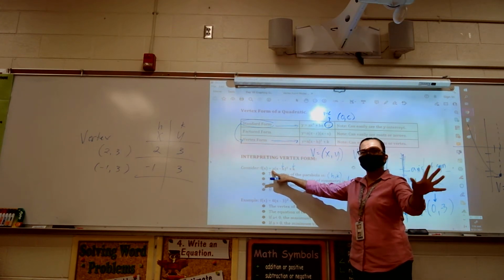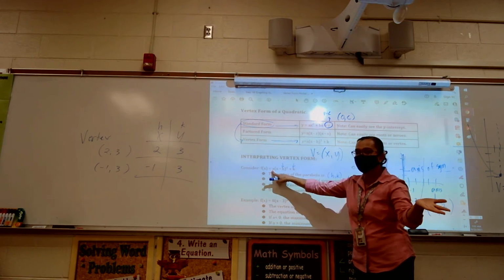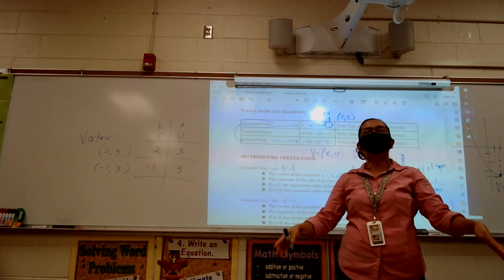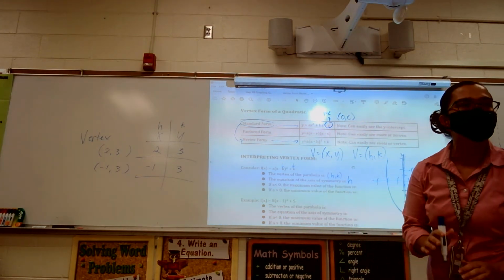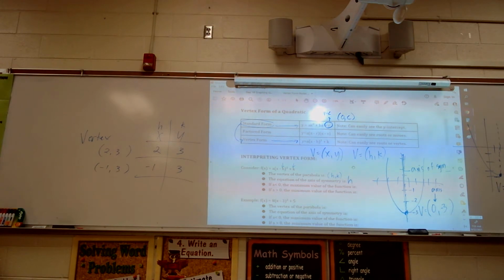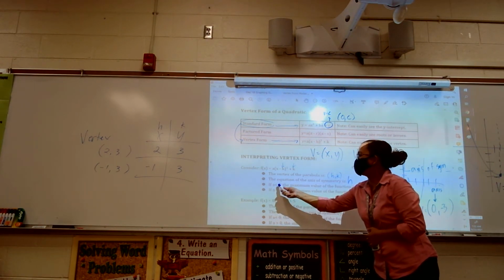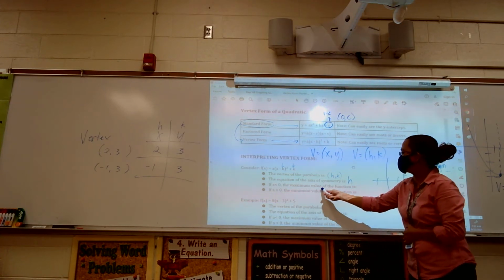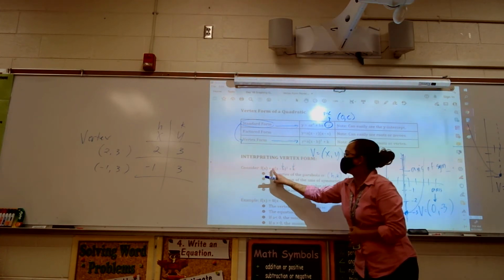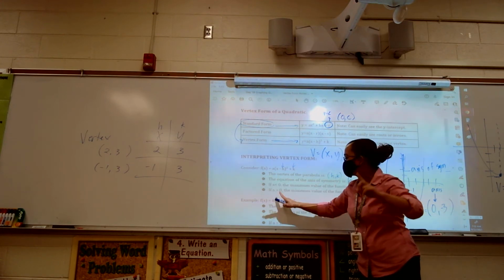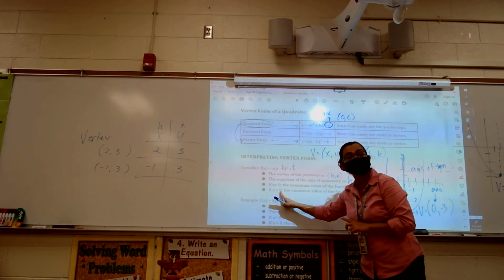Now, what can you say about the A? Is it positive or negative? It's positive. If it is positive, is it a maximum or a minimum? It says if A is less than 0, the maximum value of the function. Is A less than 0? You said it's positive, so our A is greater than 0, right?